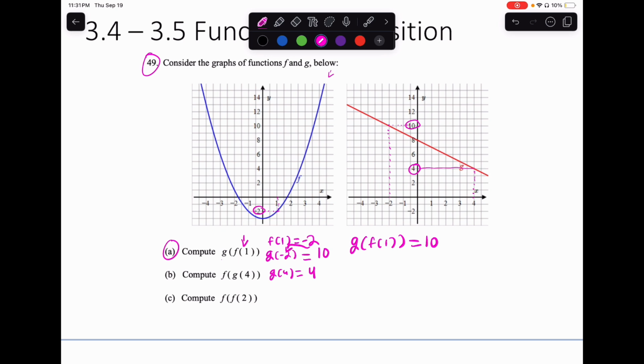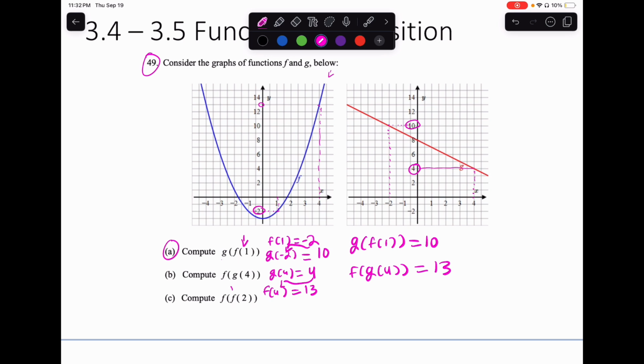So this output value becomes our input value for f. So f of 4, let's find what that is. It looks like it's over here, so 13. What does this mean? Well, that means our f of g of 4 is equal to 13.